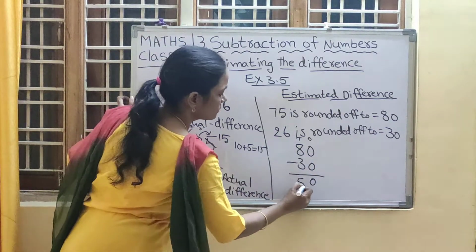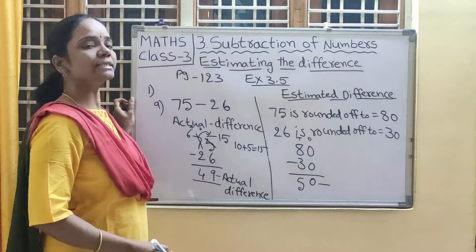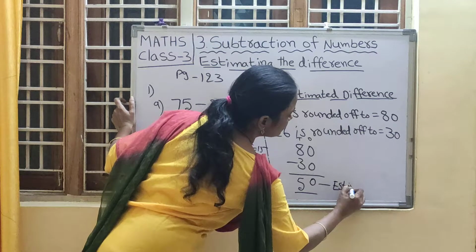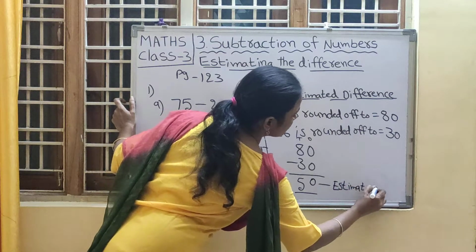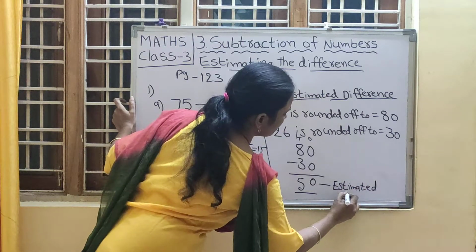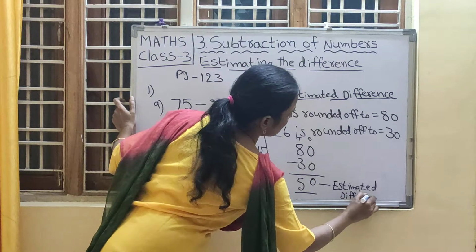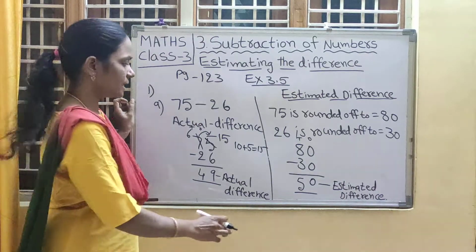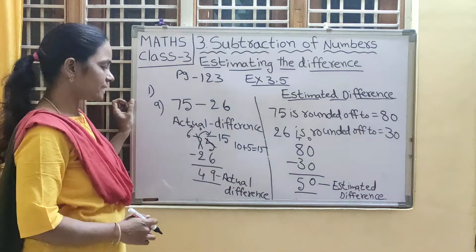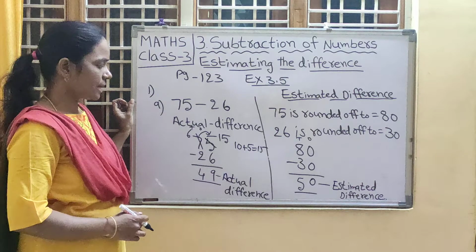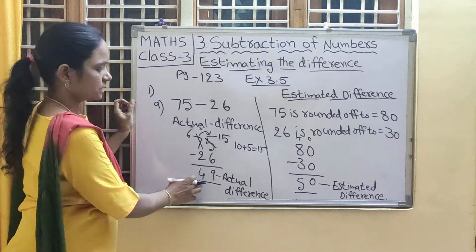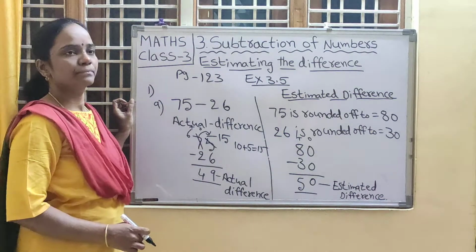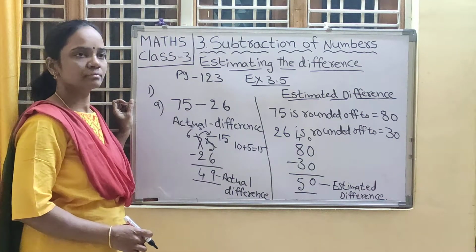Very good, 5. So 50 is the estimated difference. This is the actual difference and 50 is the estimated difference. Have you understood, children, all of you? This is 49. This is 50. Note it down, children.